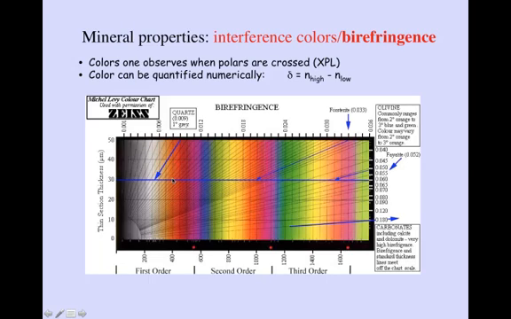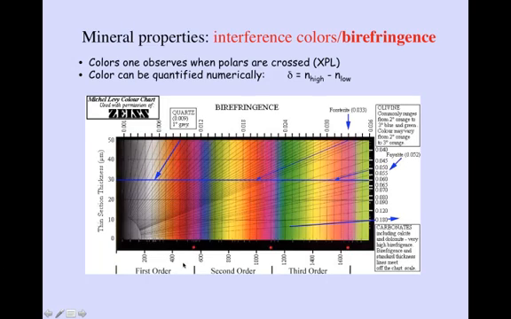Typically, you can see that a thin section is the correct thickness if quartz is showing an interference color of gray. If it's slightly yellow or maybe even orange, that means your thin section is a little thicker than 30 microns, and all the other minerals in that thin section are going to be correspondingly slightly different from what you would typically expect.